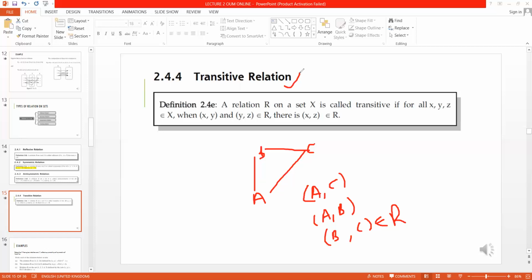Okay, so you take note of that. All these 3 should be in R at the same time. If even one is missing, then the relation fails to satisfy the condition for transitiveness. Okay, let's proceed. So I want to look at some examples.